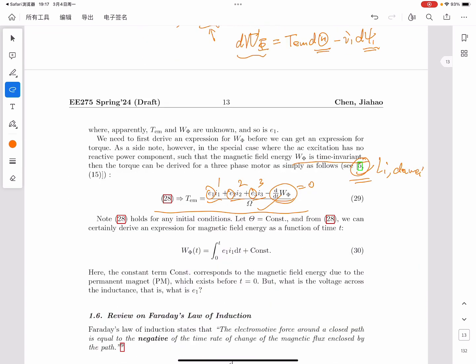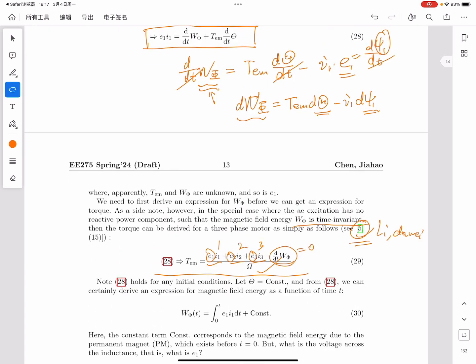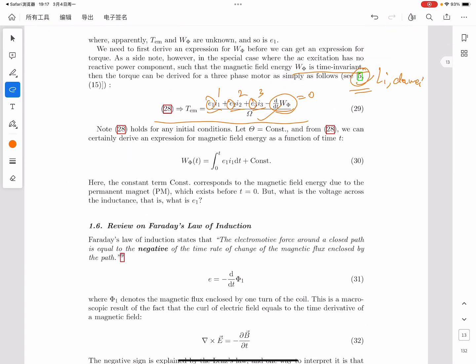Another idea is that we can fix our rotor such that it is not moving, so theta is constant. Then we can simply derive that dW phi over dt is equal to E1 I1. So we can integrate to get our magnetic energy.